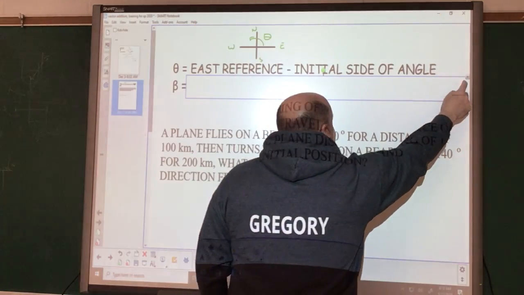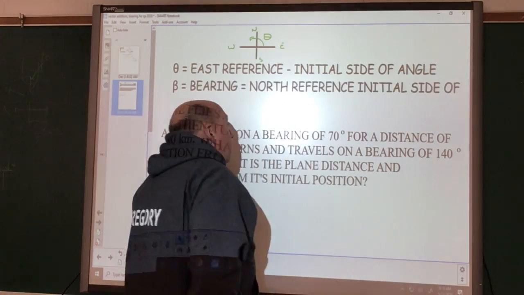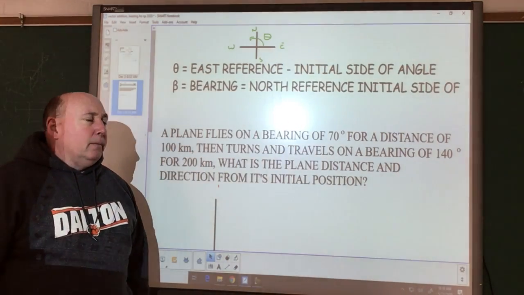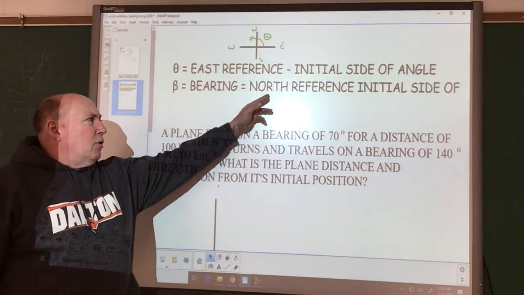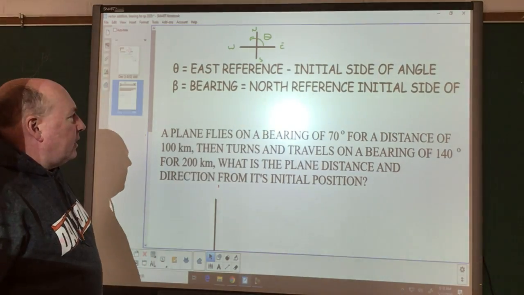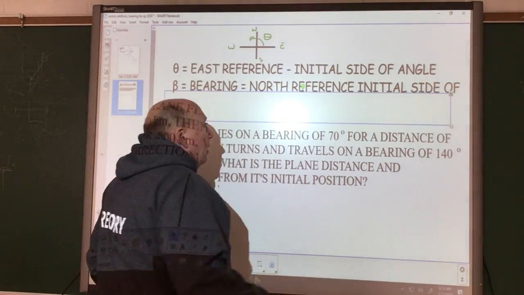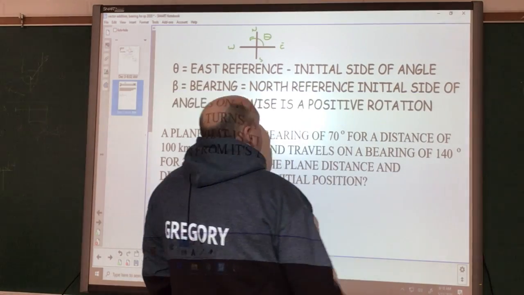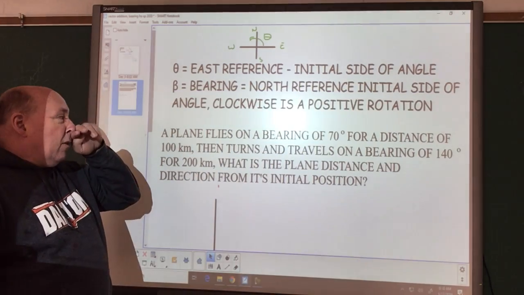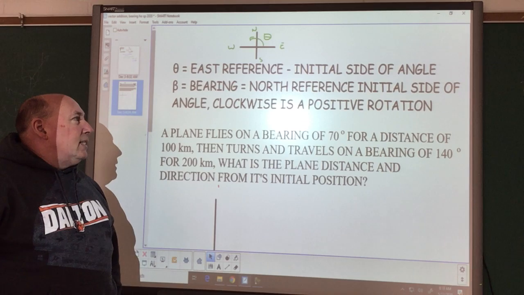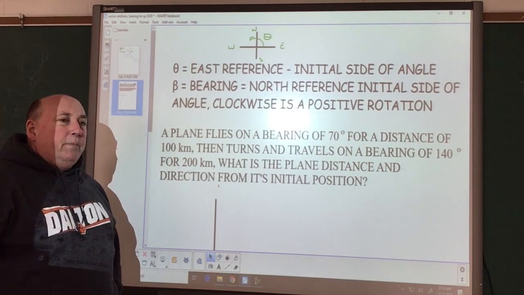There's a second type of measurement for degree measures, and that's bearing. Bearing is a north reference for the initial side of the angle. Clockwise is a positive rotation.